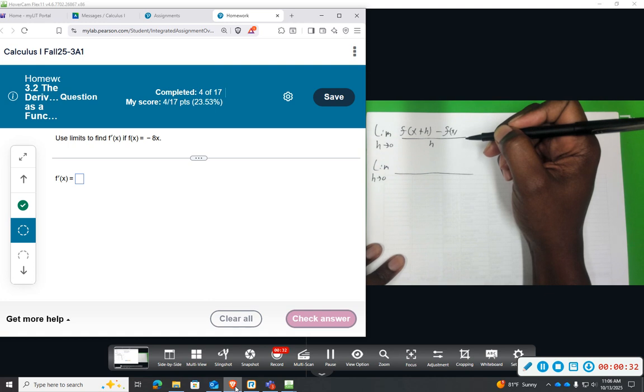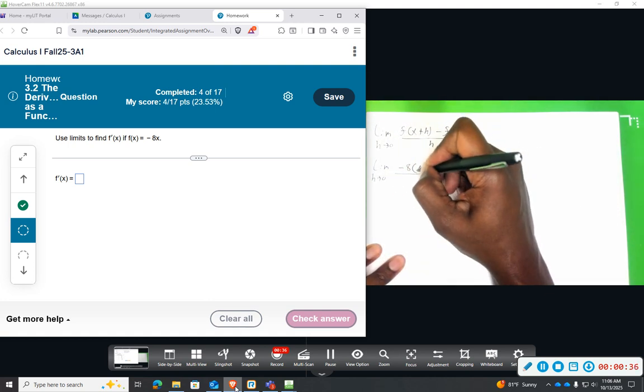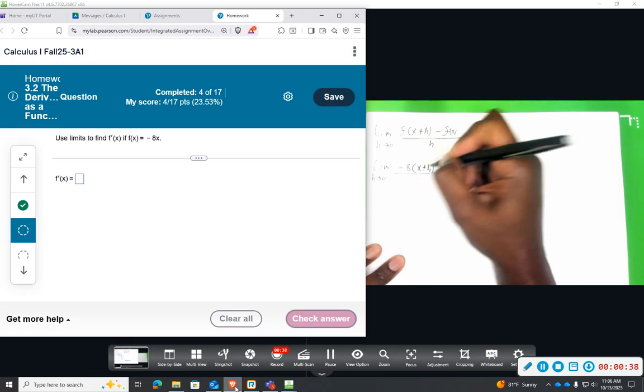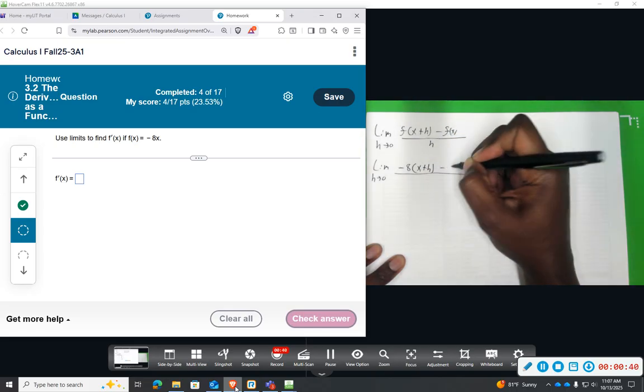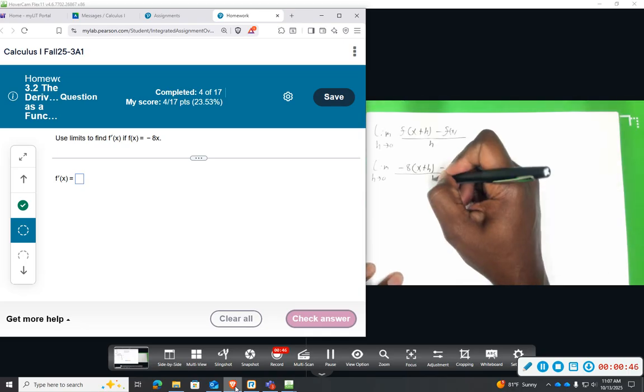So our f of x plus h will just be negative 8 times x plus h, and then minus f of x will be minus the negative 8x, all over h.